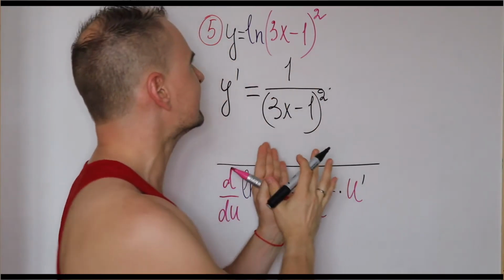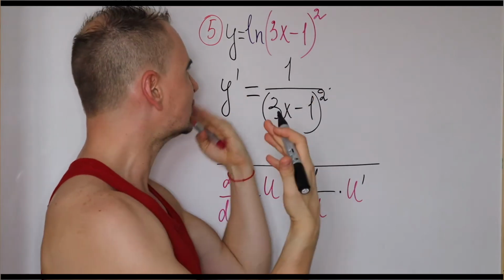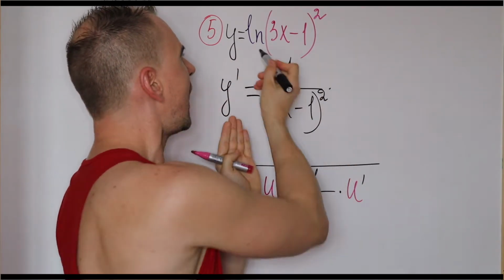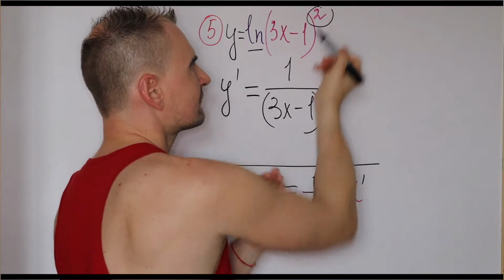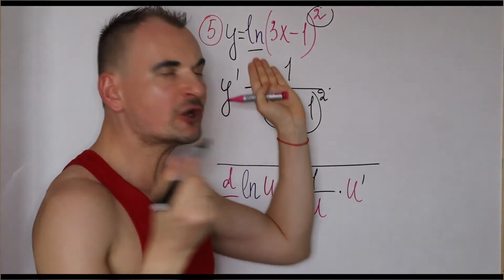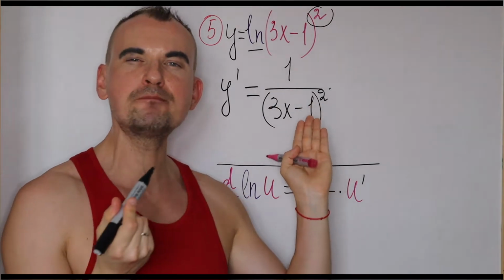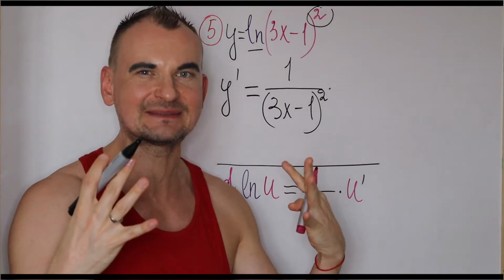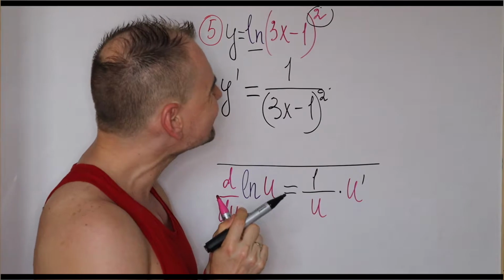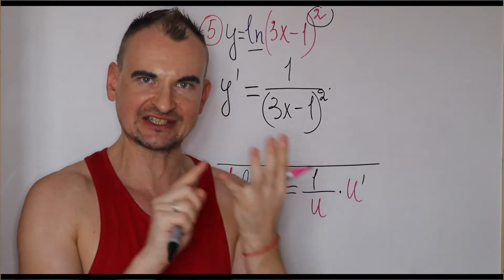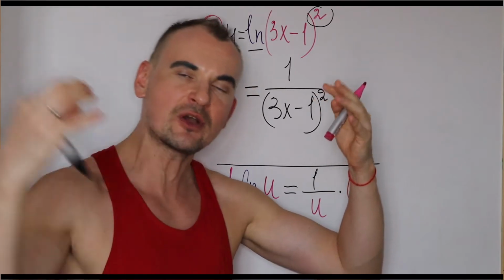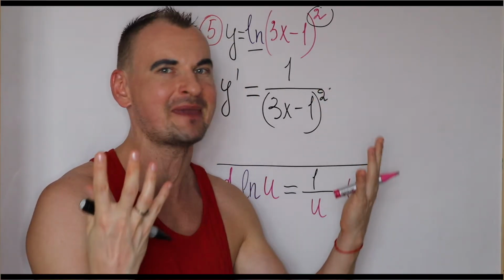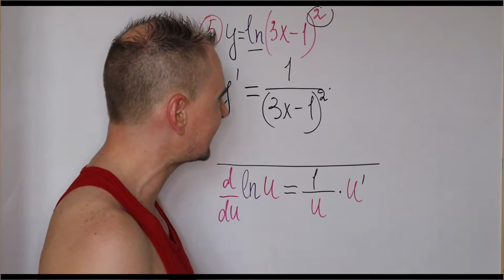Look at this function. First of all, as I mentioned before, ln is your outer function. What you have inside is this power, the second power, and you have a linear function. Again, generally speaking, your function is made up of 3 functions. It's ln, first of all. Second, you have a power, and you have something inside your power, which is going to be a linear expression, 3x minus 1.